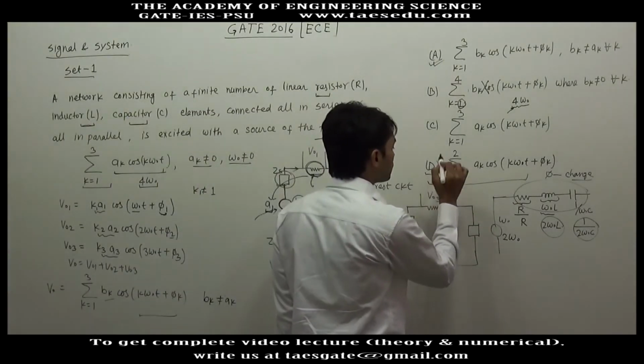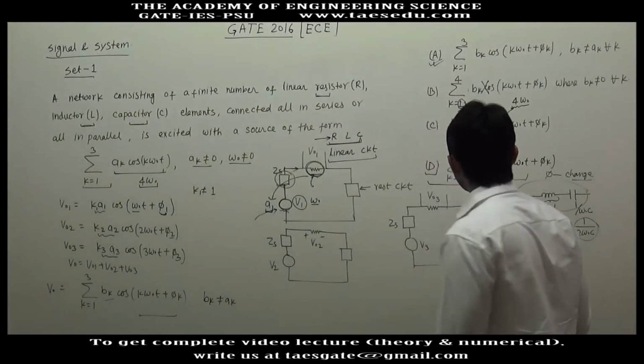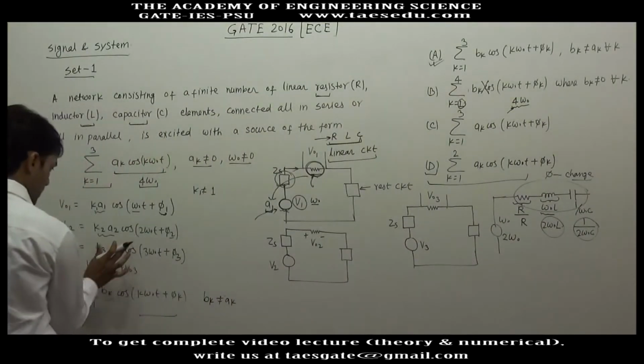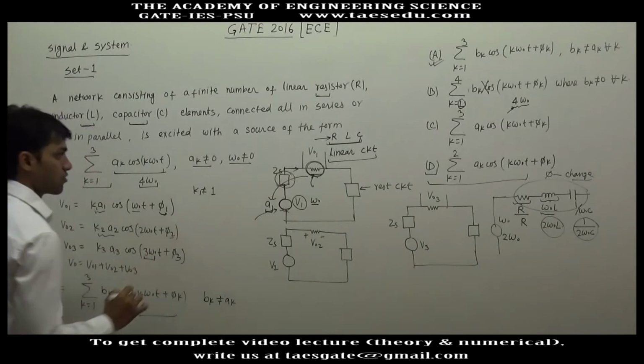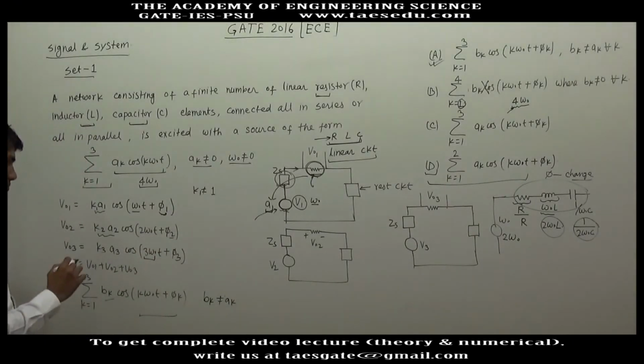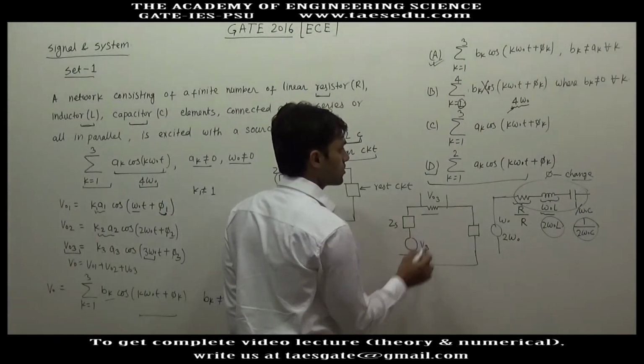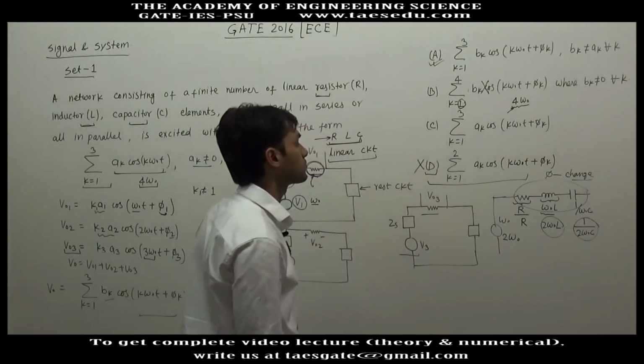In option B, there is no output corresponding to 3 omega naught frequency. But superposition says this is the third input, so for the third input also there will be some output. So this option is wrong.